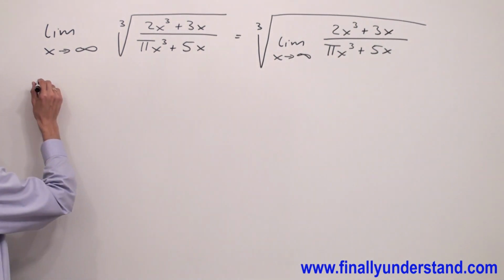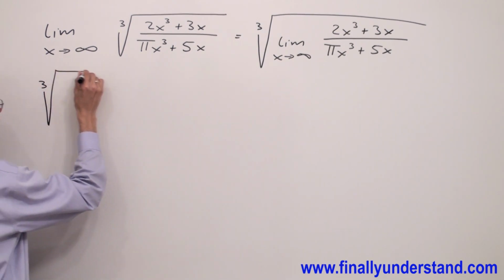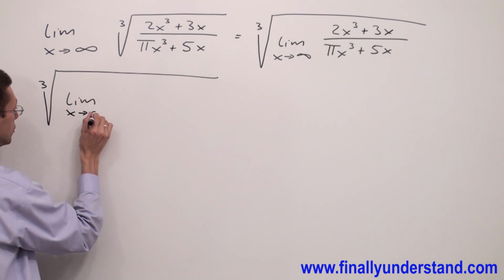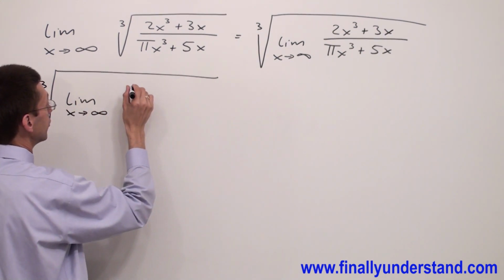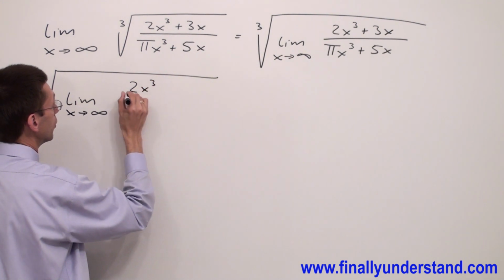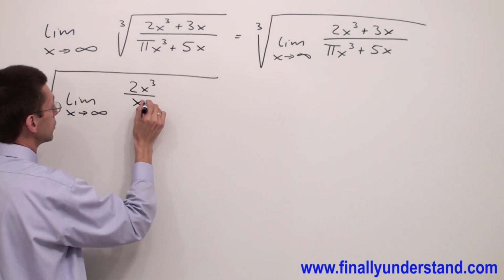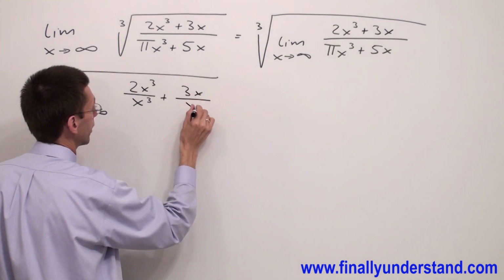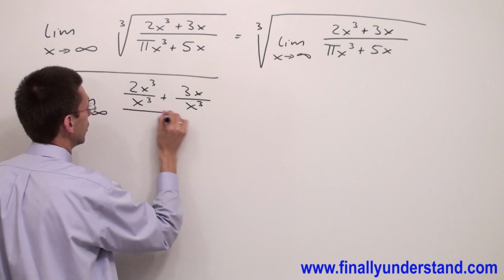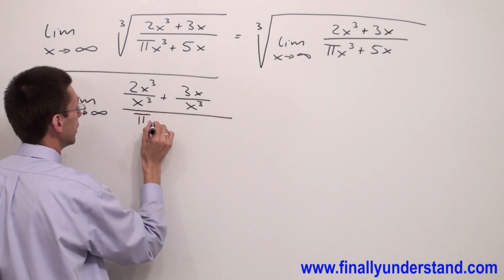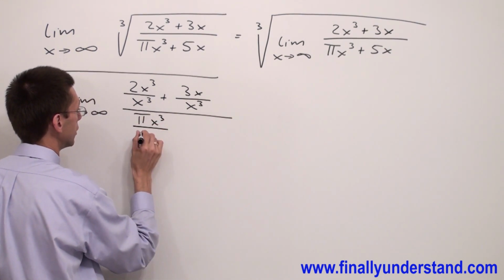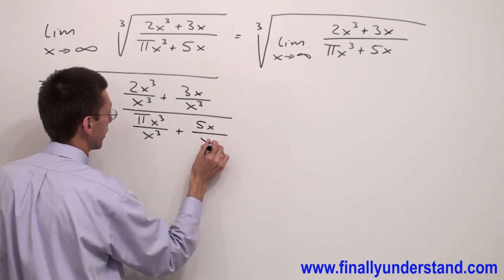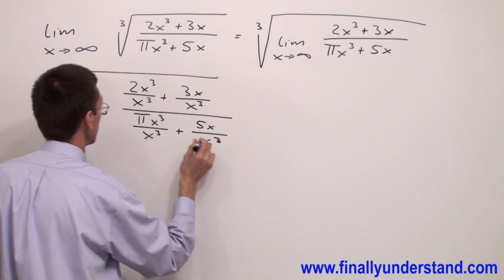So I have cube root and I have limit with x going to infinity, and I have 2x cubed over x cubed plus 3x over x cubed, over pi x cubed over x cubed plus 5x over x cubed.